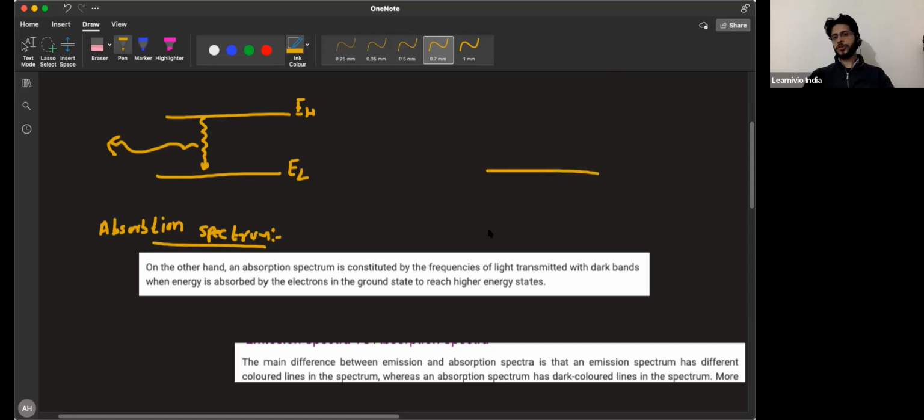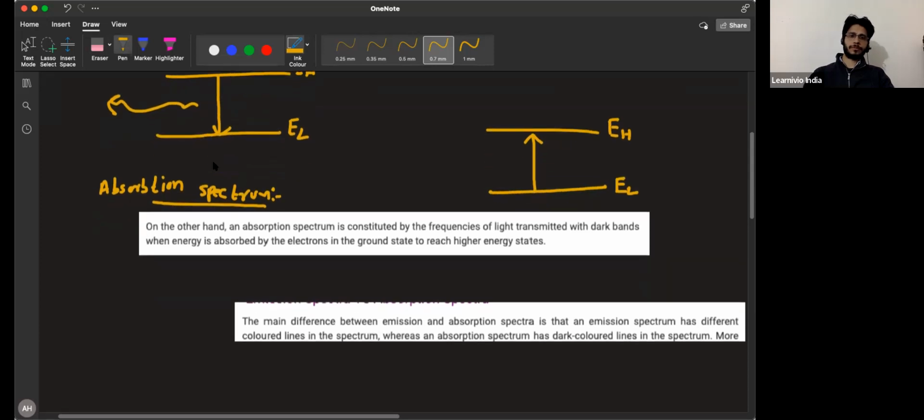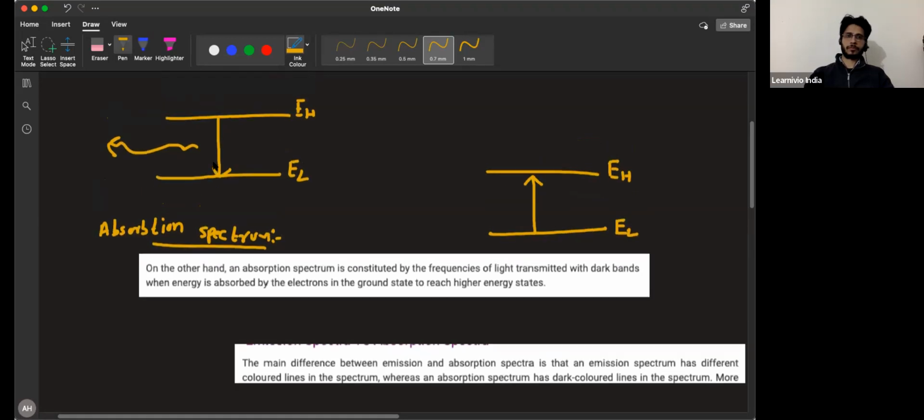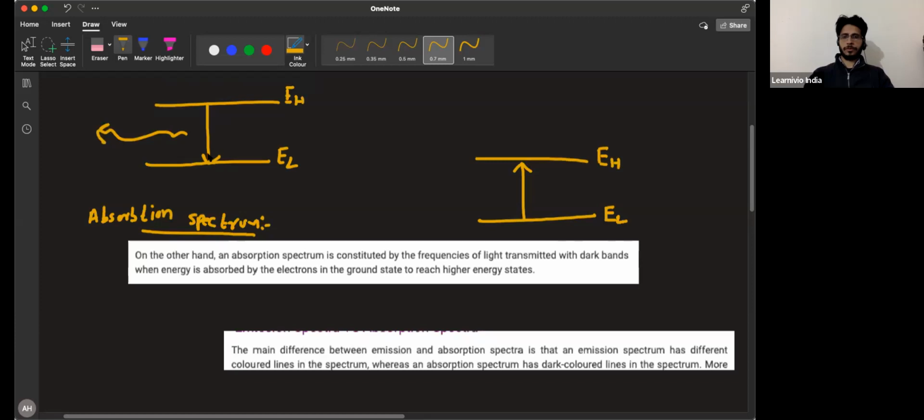In the absorption spectrum, your electrons will move from low to high energy level. In emission, they will move from high to low. Sir, could you scroll up? Yes.